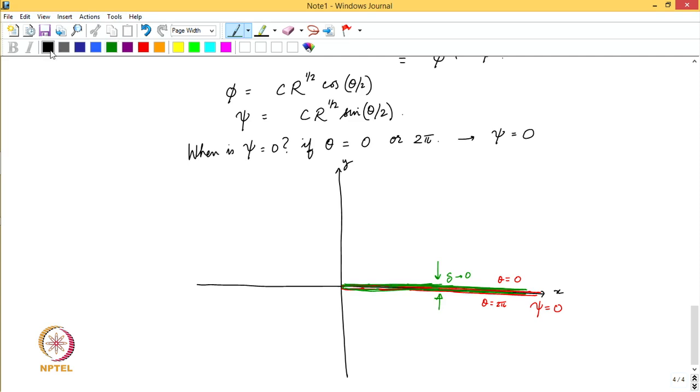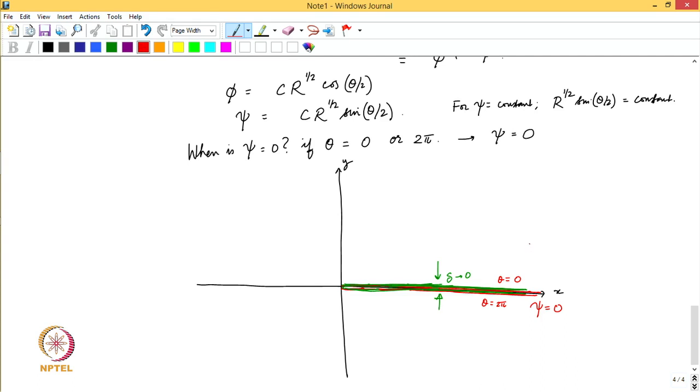Now, the idea is that for constant stream function, clearly, for psi to be constant, r to the power half into sin theta by 2 should be a constant. Although this locus is very difficult to come up with, that is what the definition of that locus of points should be. Needless to say, if you were to plot these contours, this is what you will actually get.